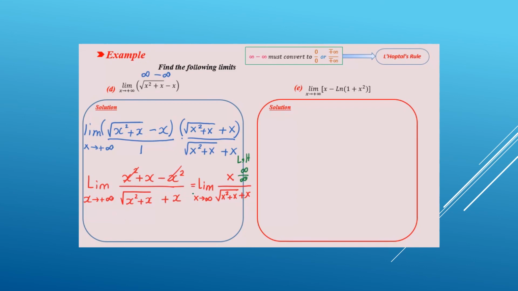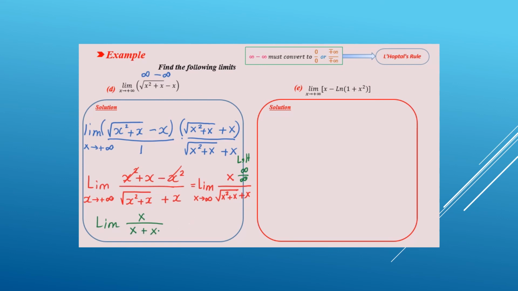So you have to take the highest power up and the highest power down, and you will get limit of x over, here we have the highest power x to the power 2, but we have a square root. So we have square root of x squared, and since x goes to infinity, the absolute value of x equals x. So we have x in the first term, and the highest one in the second term is x.